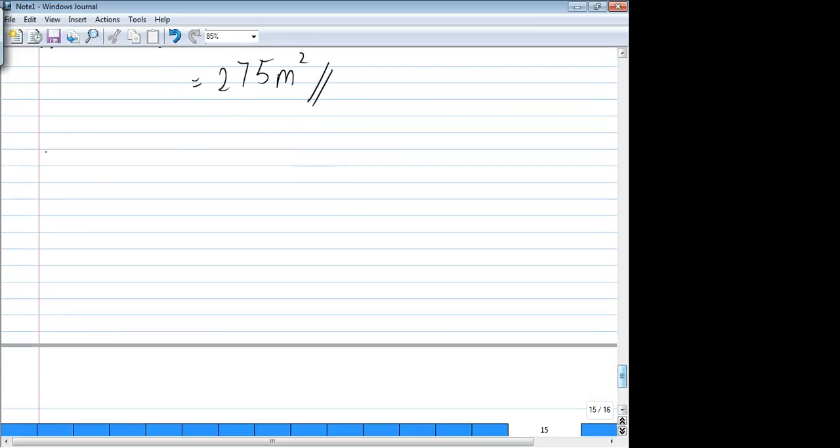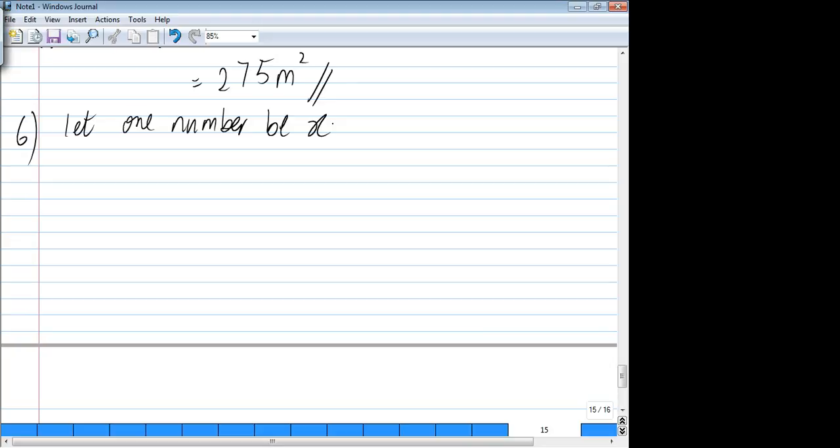Question 6. The product of two positive numbers is 192. Okay? And the difference between the two numbers is 4. So, let one number be x.